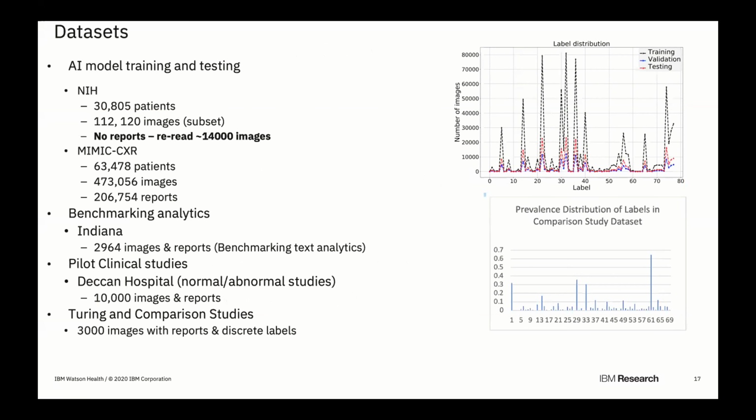So our datasets came from at least 3 different sources, and we set apart some data completely for testing that came from an international dataset as well. This is the dataset from India. And you can see that the prevalence distributions and the way the partitioning of the datasets was done for training, testing, and validation maintain the prevalence distributions as such.